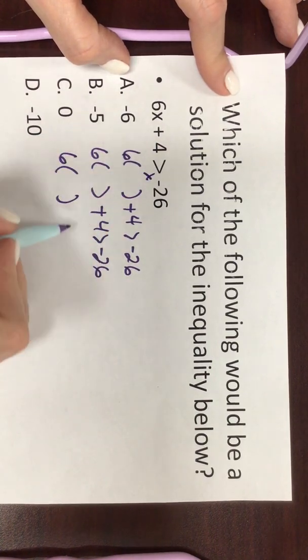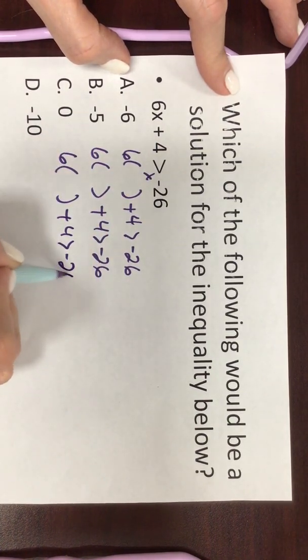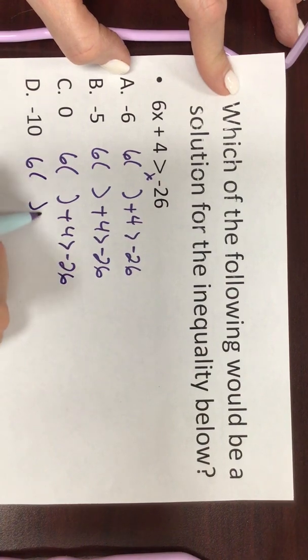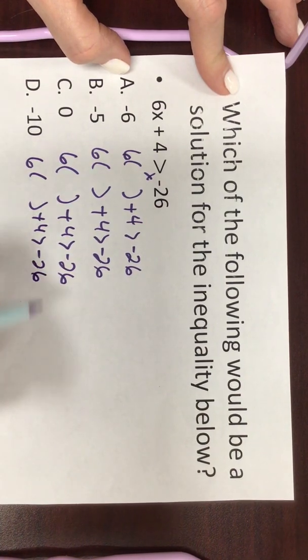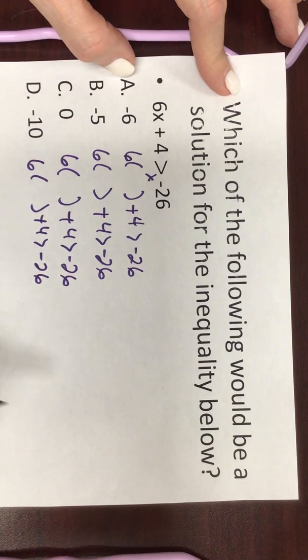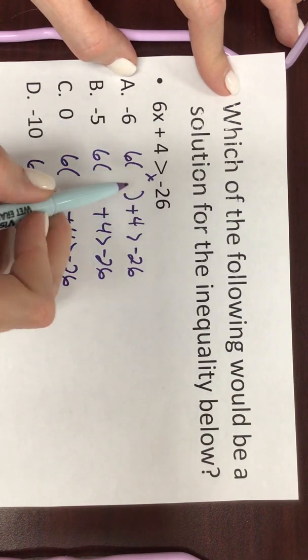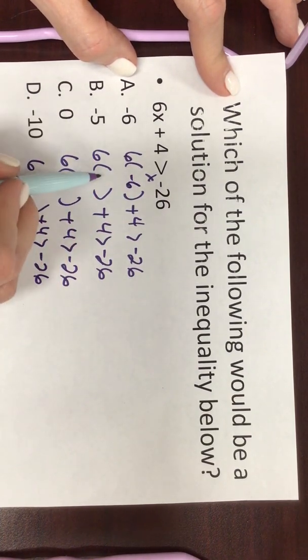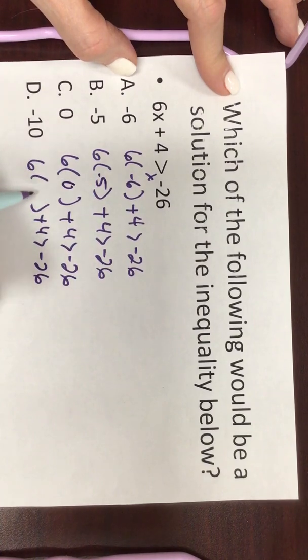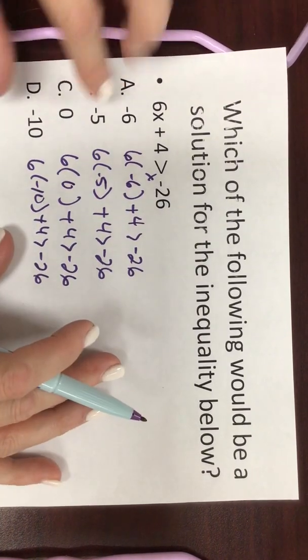So this is going to be my x. I'm going to plug in answer choices until I get one that works. So negative 6 is going to go here. Negative 5 is going to go here in place of x, etc. Then I'm going to solve it.